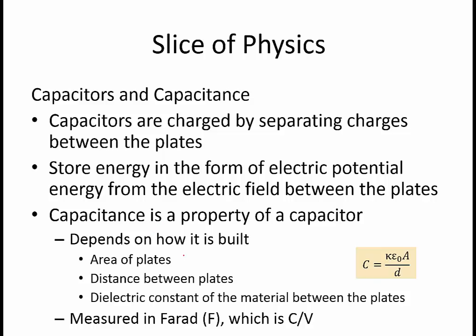We saw how it depends on the physical properties of the capacitors, namely the area of the plates, the distance between the plates, and the dielectric constant of the material between the plates. And finally, we discussed the units of capacitance, which is farad, and 1 farad is simply 1 Coulomb over 1 volt. In the next video, we will learn more about capacitance and how it relates to the charge separation between the plates.